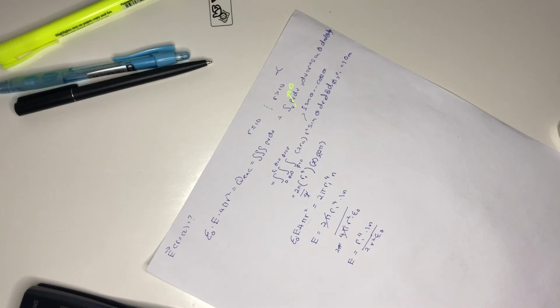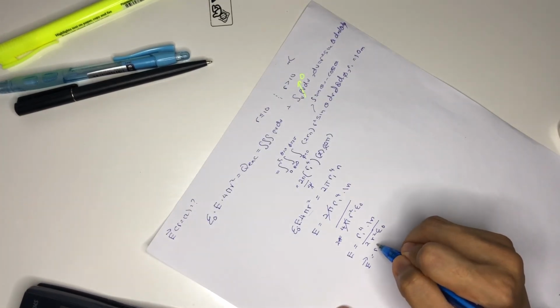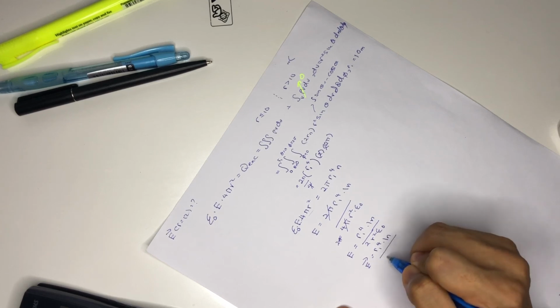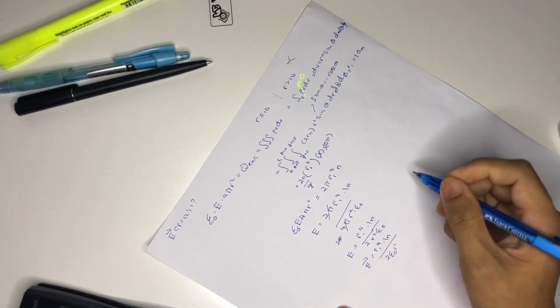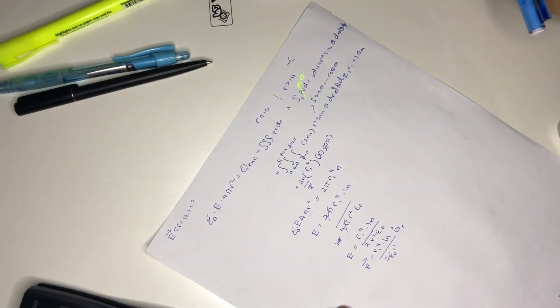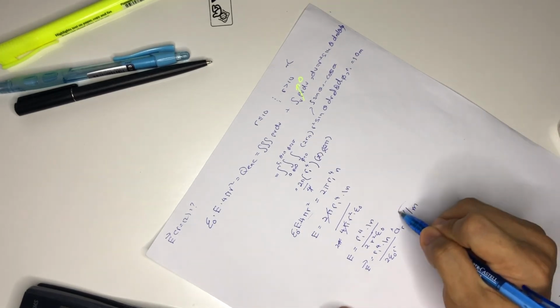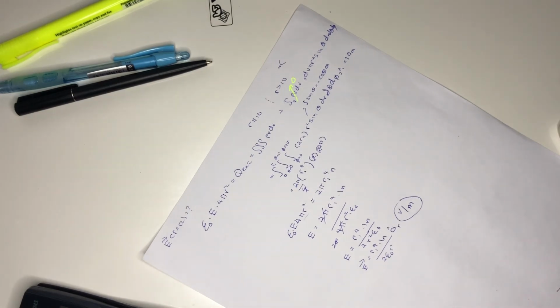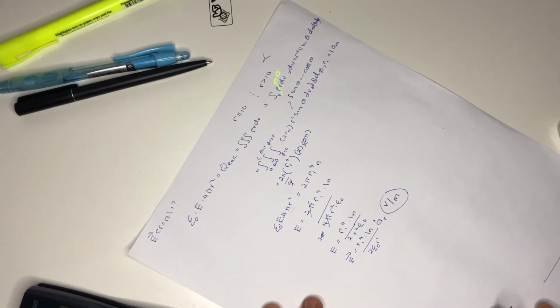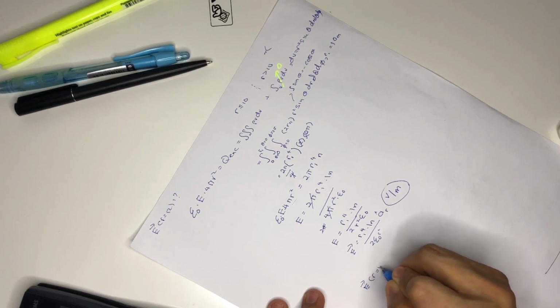But remember, the question is asking for electric field intensity which is a vector. So you need to provide a vector. Okay, this is the unit for electric field intensity, which is volt per meter. Now, the question is asking for E at R equals to 12.